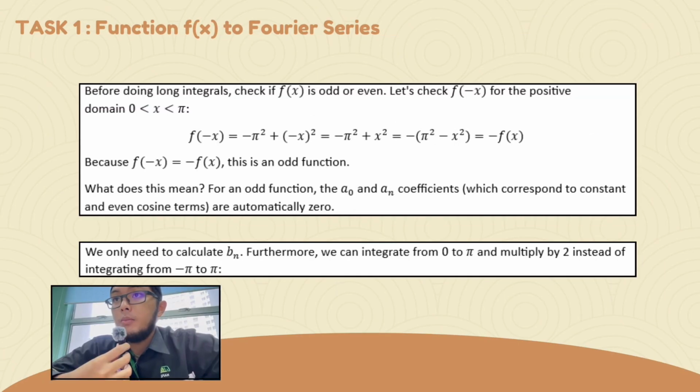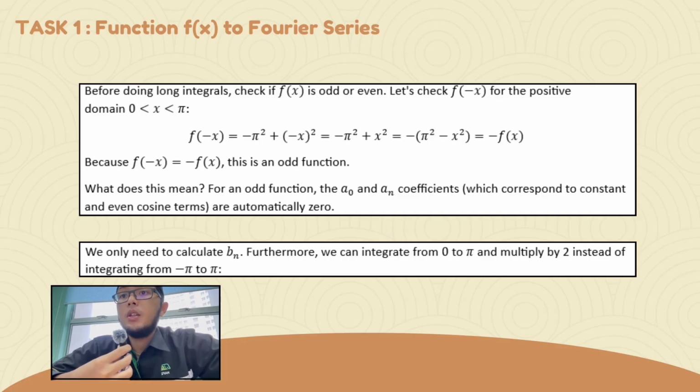Before we proceed with the integral, we need to check if the function is odd or even. We input -x inside this function, and we can see at the end we get f of -x equal to -f of x, which is an odd function. What does it mean?